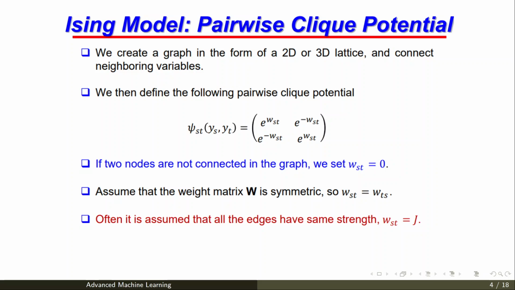So which situation in this table is going to give low energy? Low energy means high probability. So if w is positive, then energy is minus w. Which configuration is going to give you low energy?